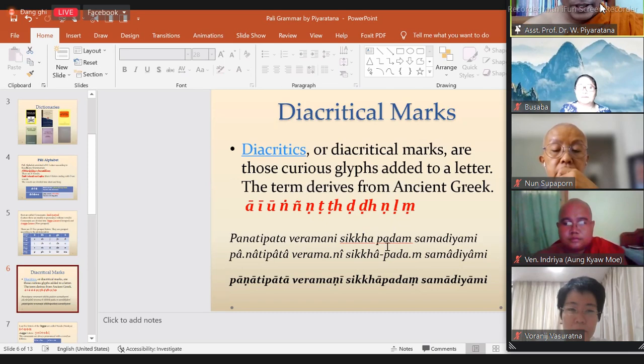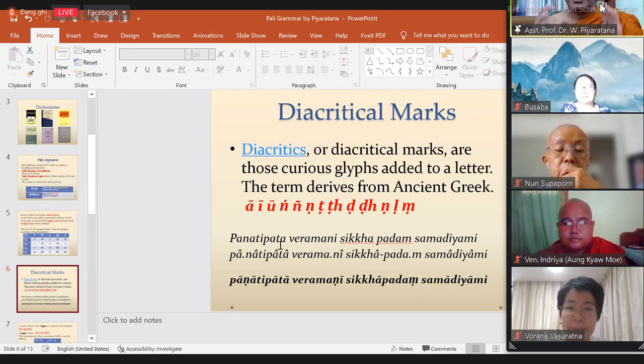If you write the word pana, when you pronounce it, it has two different meanings. Pana means drinking. You remember the word anna pana. Anna means any material foods, and pana means the beverage. Anna pana, foods and beverage.